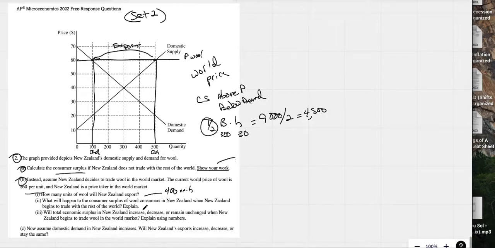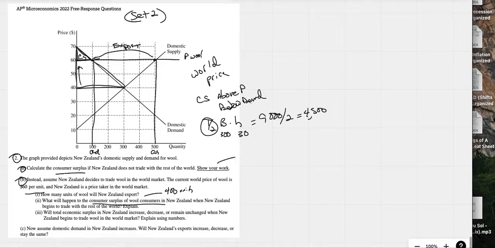What will happen to the consumer surplus of wool in New Zealand when New Zealand begins to trade with the rest of the world? Our domestic consumers, right? If this was the original price and this whole triangle here was originally consumer surplus, well, after the price goes up and they export this, only this little triangle right here is everything above the new price, below the demand curve.